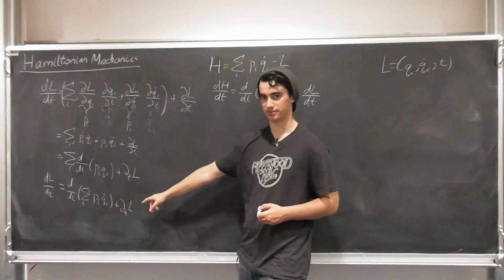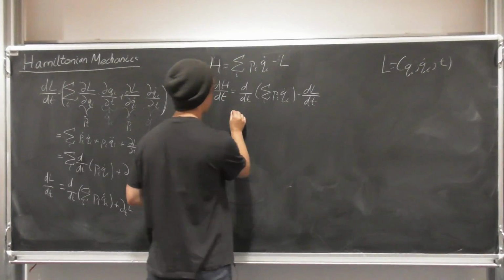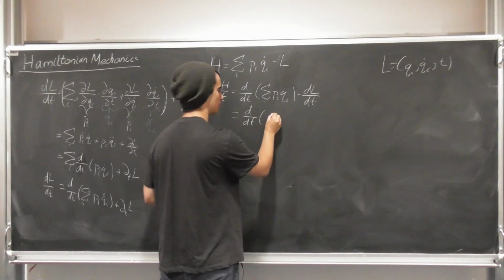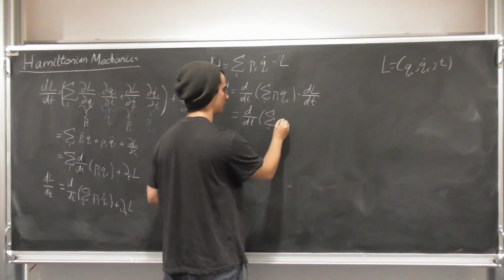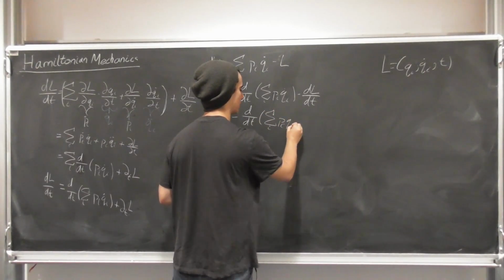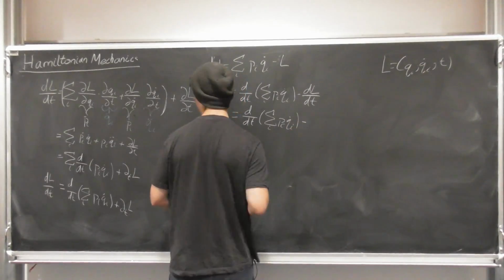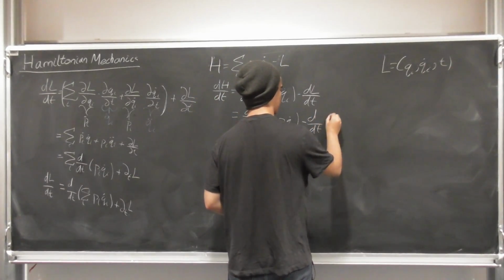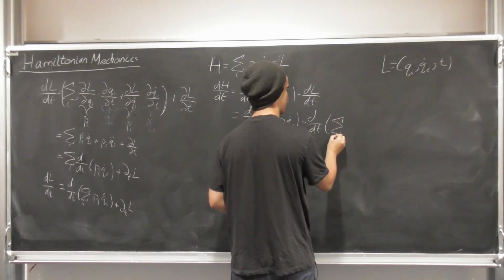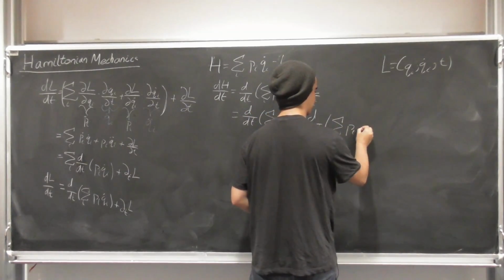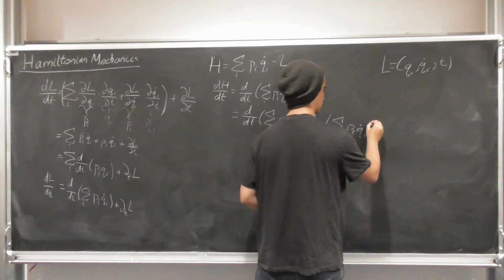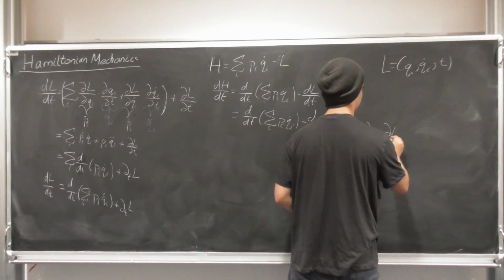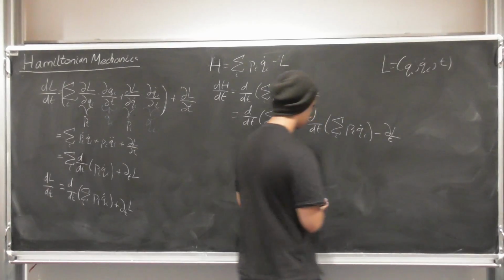But we know from this equation down here that this will be equal to the derivative of the sum over i of p sub i times q sub i dot, minus the derivative of the sum over i of p sub i times q sub i dot, minus the partial derivative of the Lagrangian with respect to time.